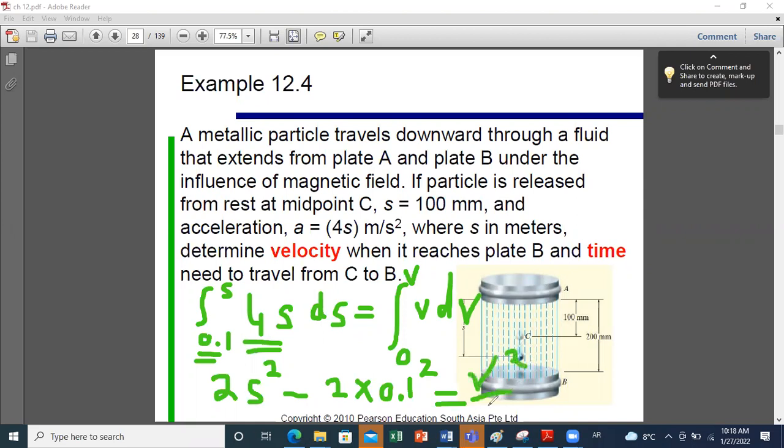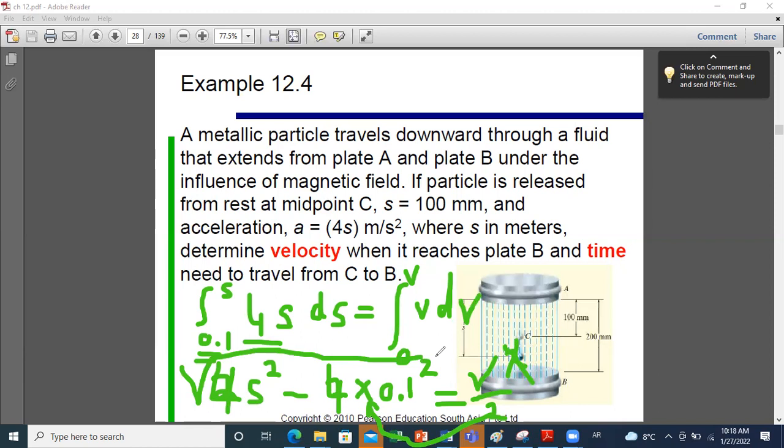In this way, you get a relation between velocity and position. So if you want to get the expression of v, all you have to do is to multiply this expression by 2. So you get 4s squared minus 4 times 0.1 squared. And to eliminate the square here, you will do the radical of this expression.